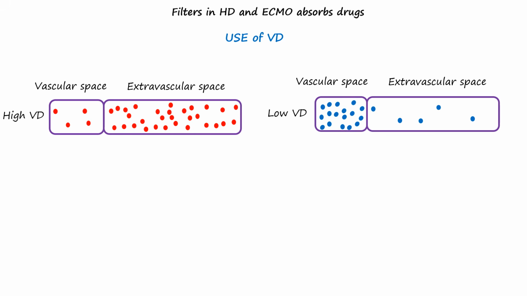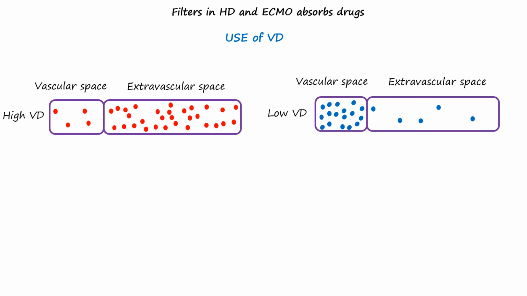Now, let's talk about why the volume of distribution is important. First of all, volume of distribution helps us understand how a drug spreads throughout the body. If a drug has a high volume of distribution, it means that the drug spreads out into various tissues rather than staying in the bloodstream.